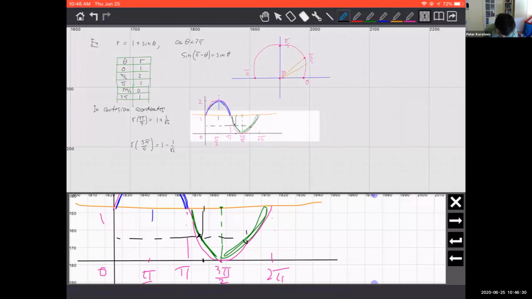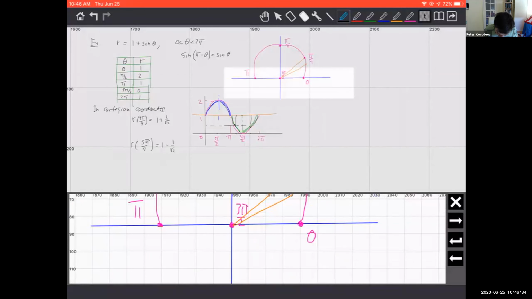This point here, and then we know that at 3 pi over 2 it should come to 0, so it should do something like this, and then be symmetrically reflected like that.